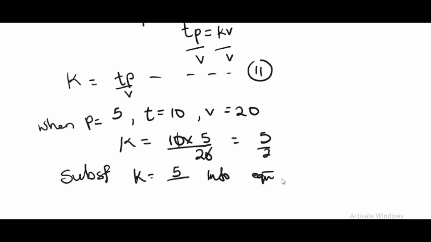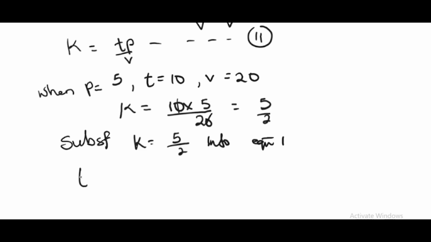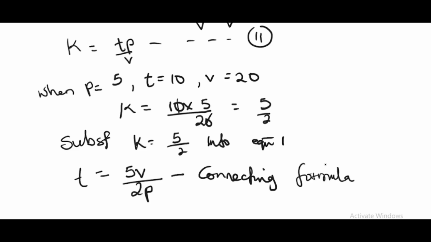So substituting, we would have that T is equal to 5V over 2P. So this is what we call the connecting formula between the variables T, V, and P.